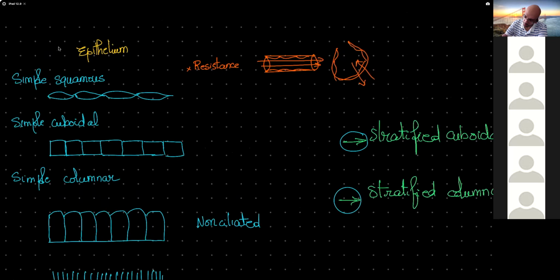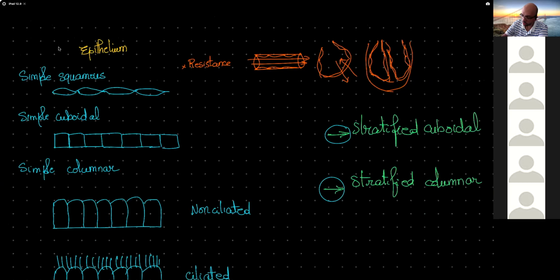Same as the blood circulation, I need a minimal resistance, so it's going to be lining the chambers of the heart. So lining the chambers of the heart from inside is going to be simple squamous epithelium. Think of minimal resistance. It's so logical here because all of those sites are going to require minimal resistance.